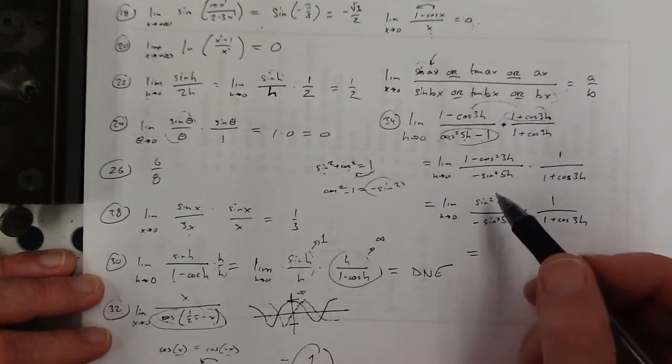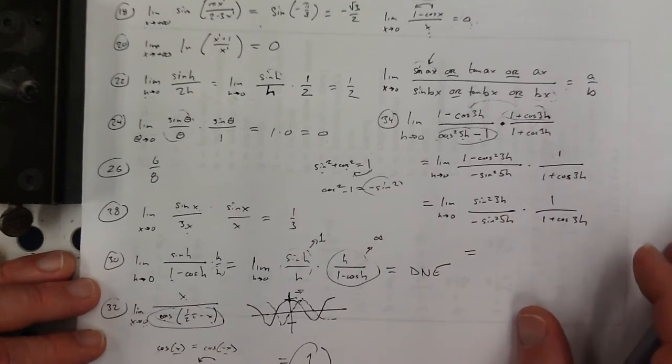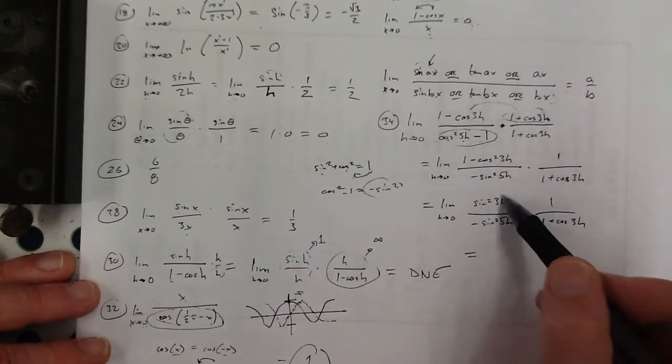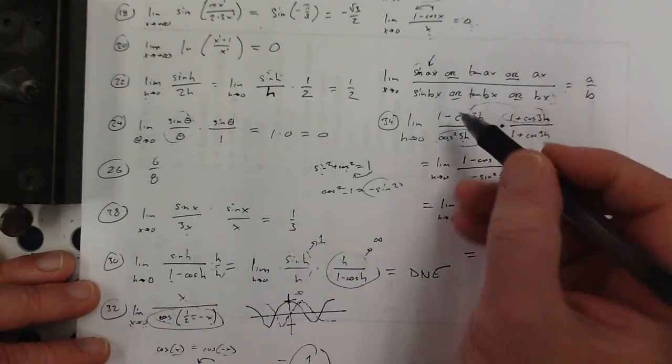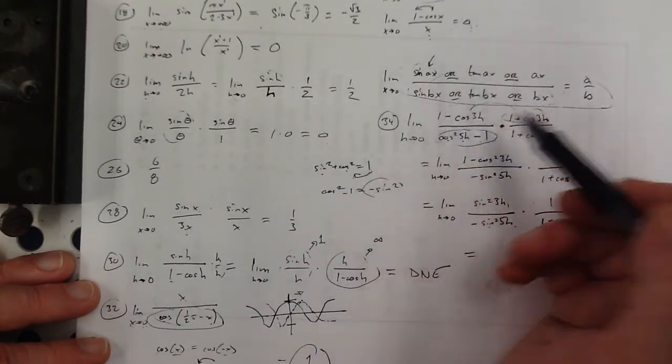Okay, so this right here, I need to just split up into sine times sine and sine times sine on the bottom. So then it's just examples of this thing again.